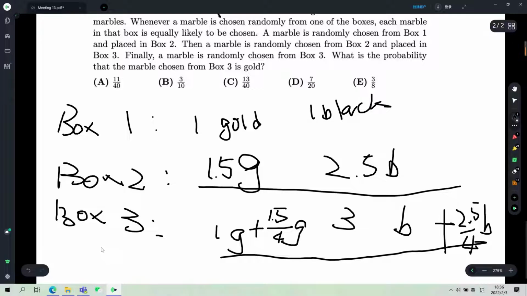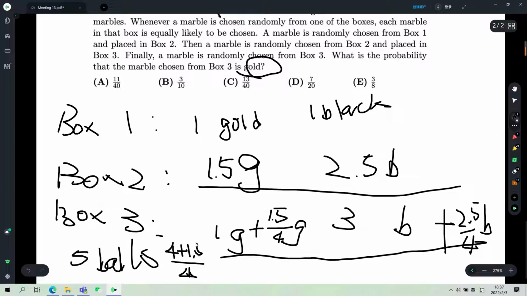Right now, there are 5 balls in box 3. So if we want to pick a gold ball, that will be 4 plus 1.5 over 4, divided by 5, which equals 11 over 14.